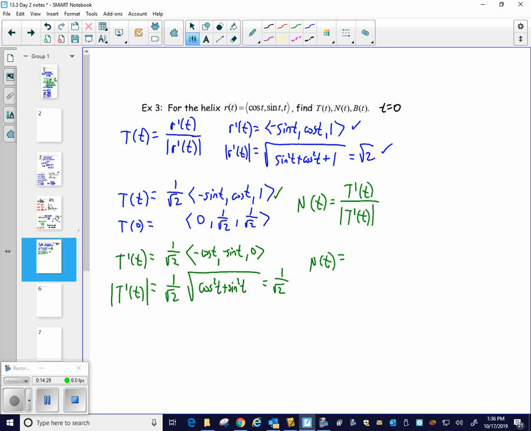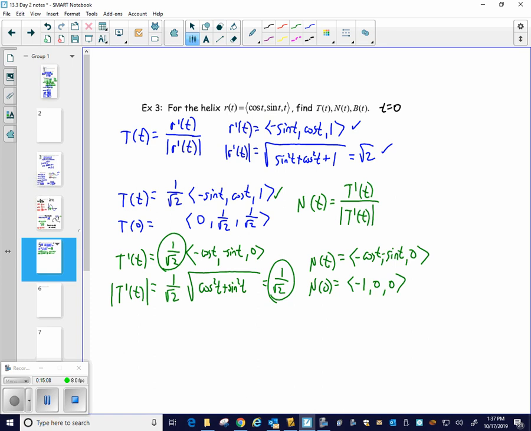Well, the good thing is I've got a 1 over root 2 here and a 1 over root 2 there. That's just going to go away. So ultimately, what we're going to get for the unit normal vector is just negative cosine t, negative sine t, 0. And that's the unit normal vector. So let's go ahead and find the unit normal vector at 0. That's pretty easy. That's just going to be, was it -1, 0, 0.